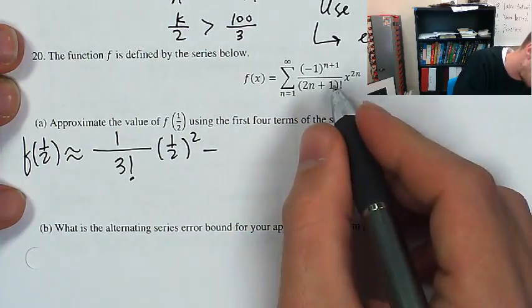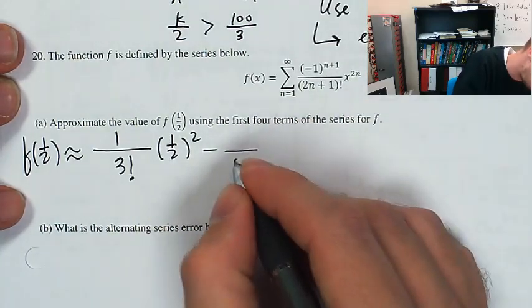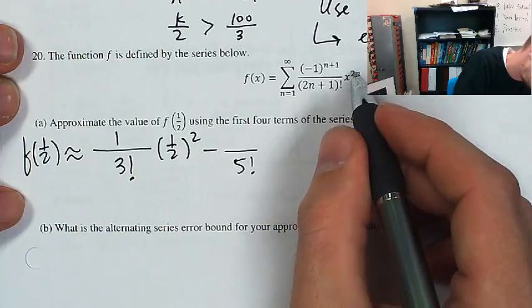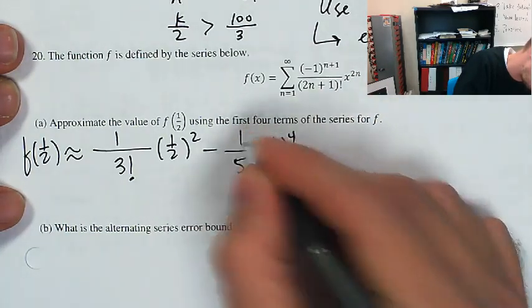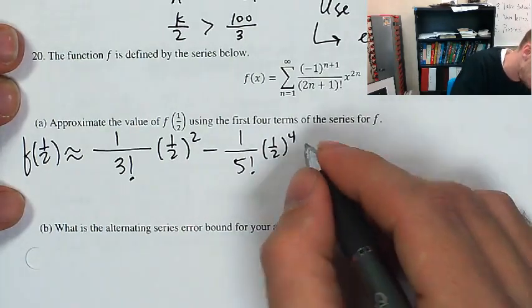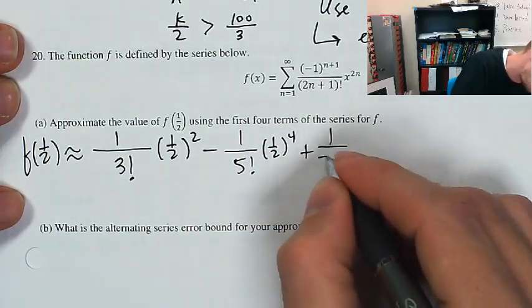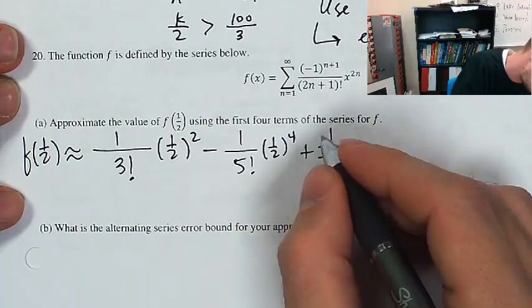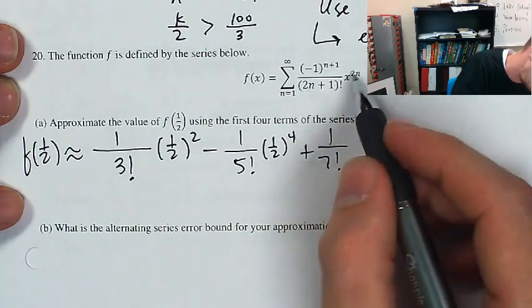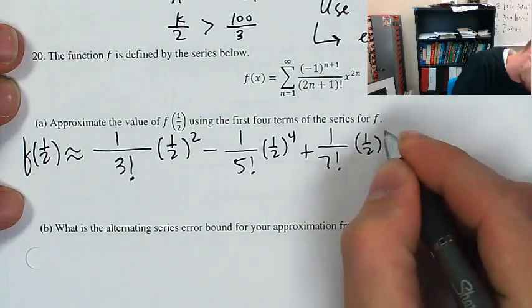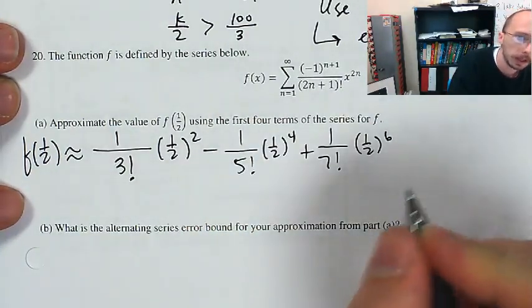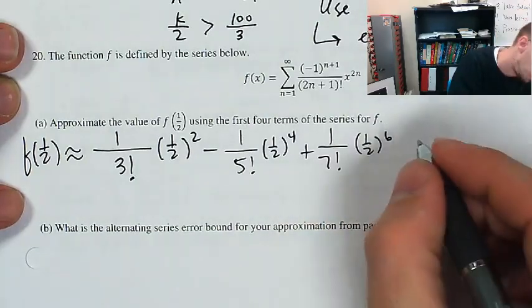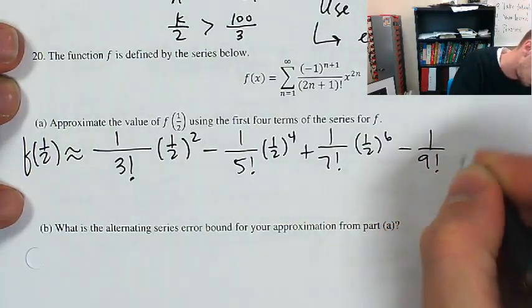It's going to alternate, so I'm not going to worry about that anymore. When n is 2, that's going to be 5 factorial, x to the 2n would be 1/2 to the 4th. Then 1/7 factorial, and this is where n equals 3, x to the 6, because x is 1/2. I'm plugging in 1/2 for x right there. That's 1, 2, 3, 4 terms.